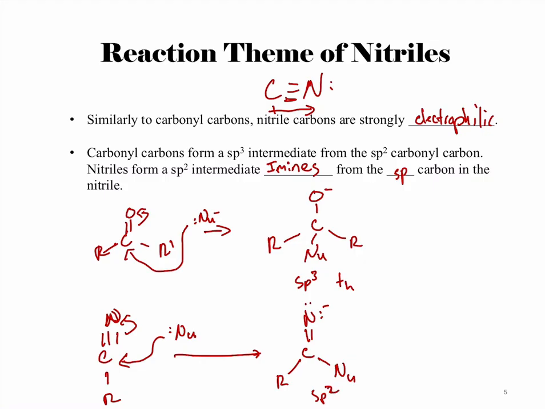So a trigonal planar intermediate anion. This would be trigonal planar.